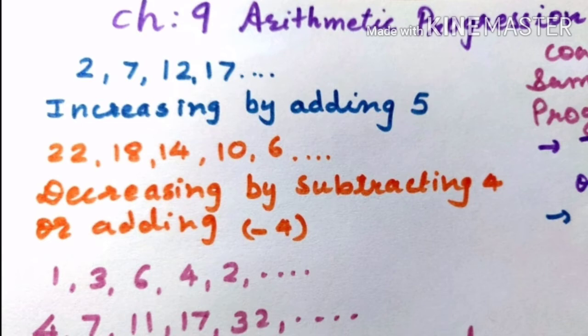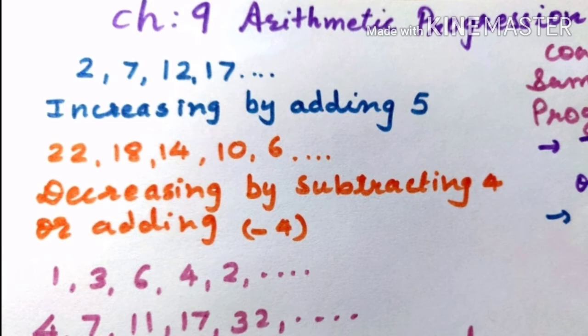Here is one more example, 1, 3, 6, 4, 2 and so on. Here you have to observe, students, that first 1 is there, then 3, then 6. It means first it is increased, then again increased, then it is decreased, like 6 to 4, and then again decreasing.